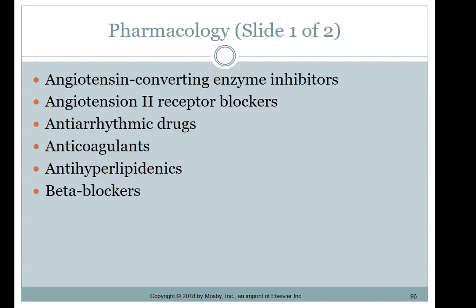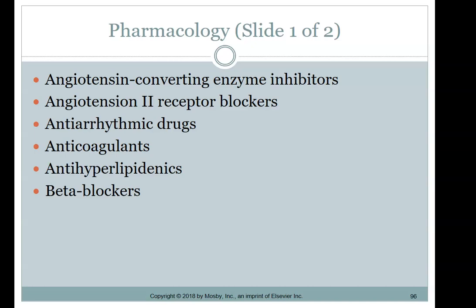Angiotensin II receptor blockers lower blood pressure by inhibiting the vasoconstrictor angiotensin II from binding its action sites. The antiarrhythmic drugs restore normal sinus rhythm via various mechanisms to treat cardiac arrhythmias. The anticoagulants prevent the formation of blood clots.